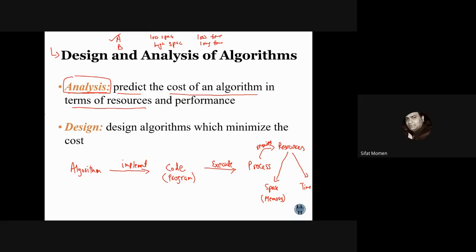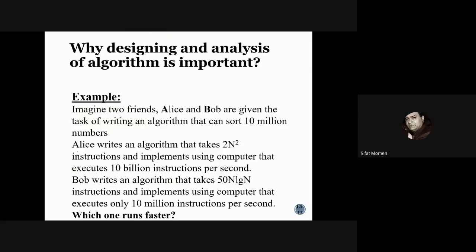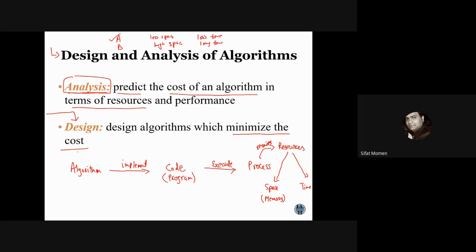In the designing phase, whenever we want to write an algorithm, our objective is always to design an algorithm with the minimum cost, right, Nakina? Is everyone clear so far? Does anyone have any confusion? That's basically the purpose that we have now.